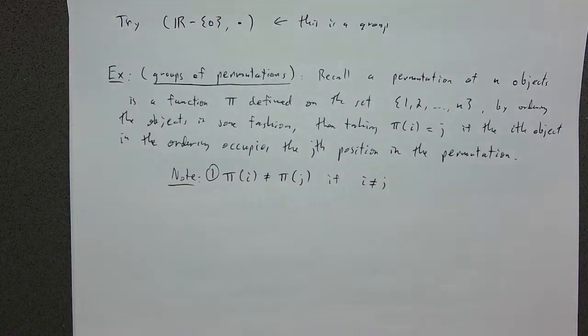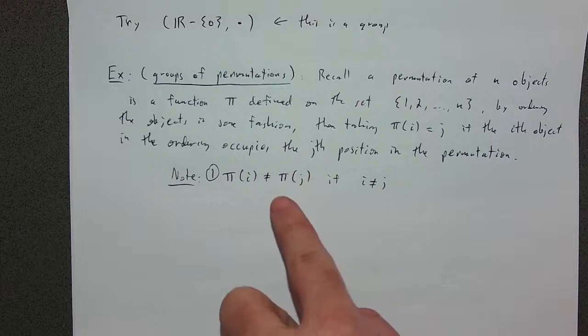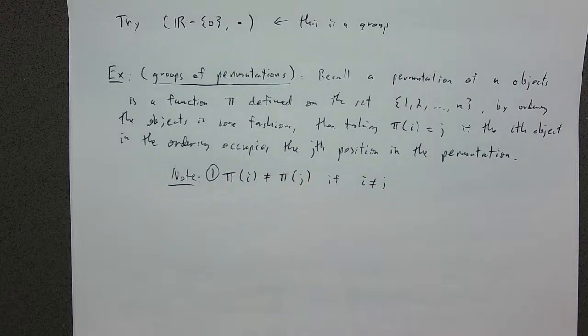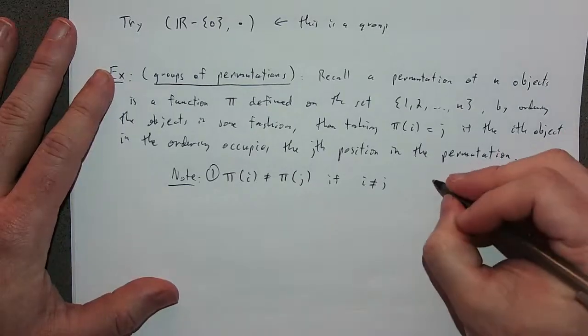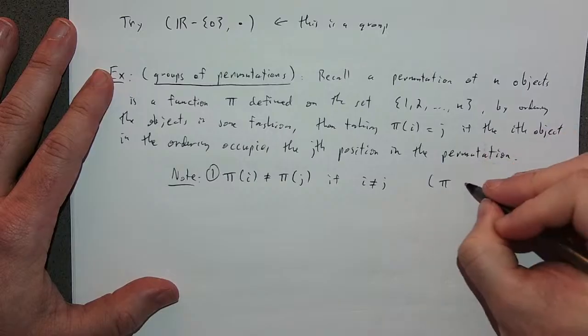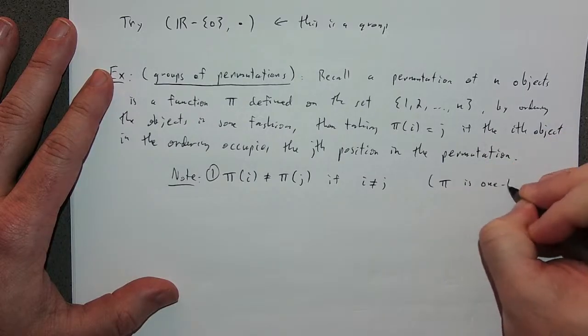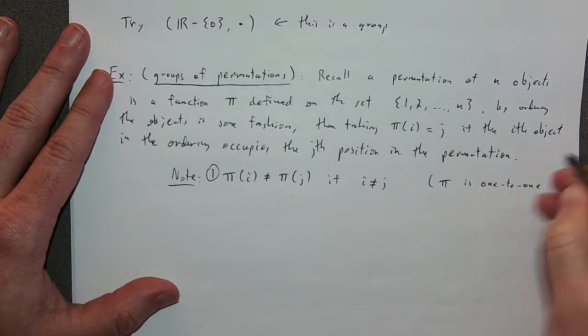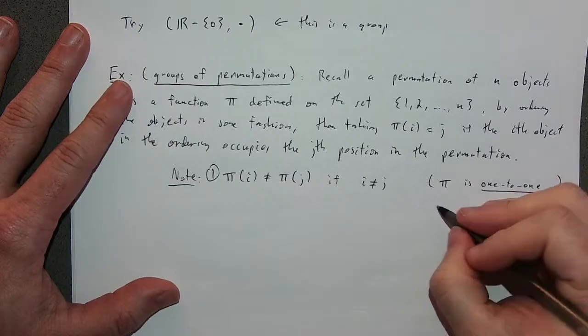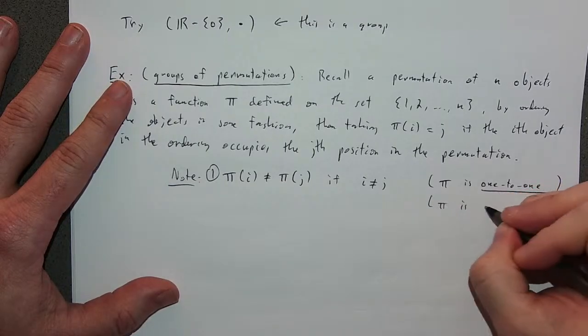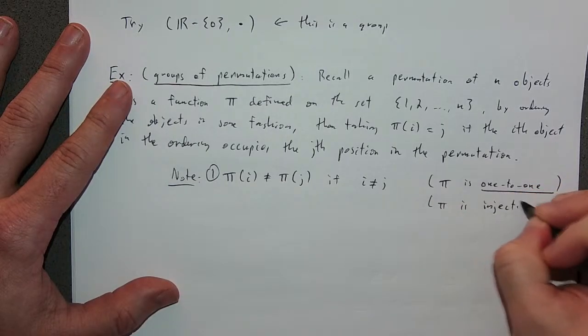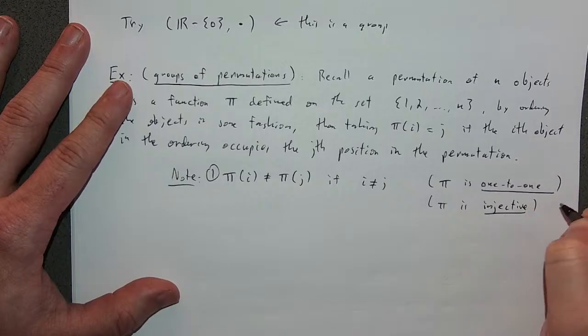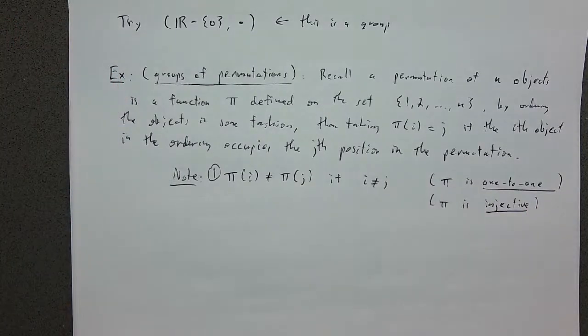The value of this permutation on i is not equal to the value of this permutation on j if i and j differ. You might have seen that property before, though. This is saying that this pi is 1 to 1. Another way of saying this is that pi is injective, or pi is an injection, however you want to talk about this.